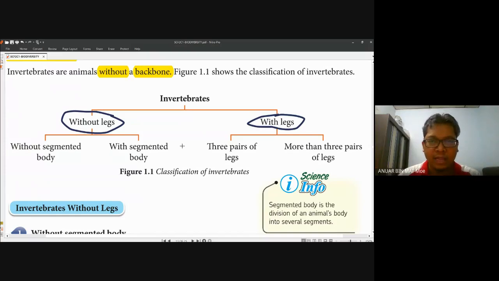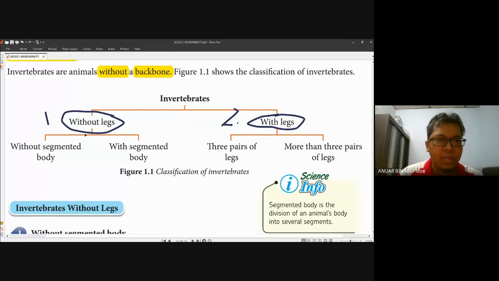Can you understand here? This is what we call common and different characteristics, physical characteristics. For example, how many legs they have. We can classify the animal into that particular characteristic. Invertebrates can be further divided into two. Number one, without leg, and number two is with the leg.